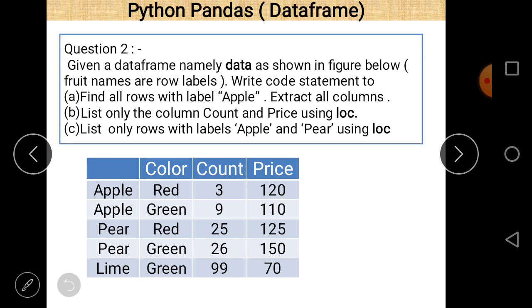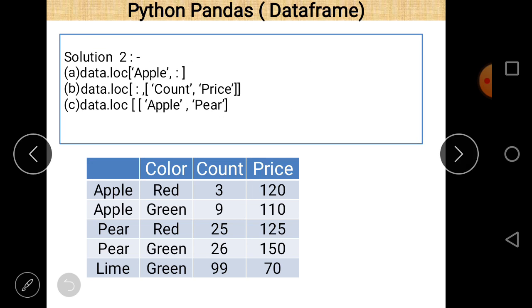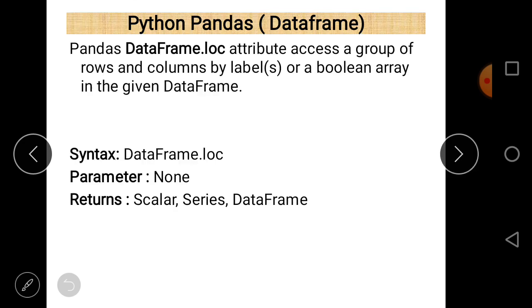So LOC is a function used in Python pandas. Let us give an example of LOC. What is LOC? Actually, Python pandas data frame LOC is an attribute to access a group of rows and columns by labels or a boolean array in the given data frame.